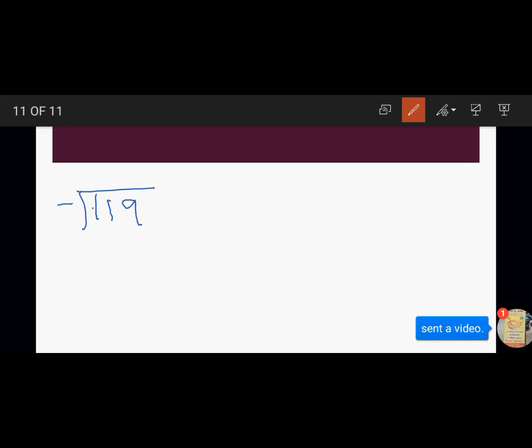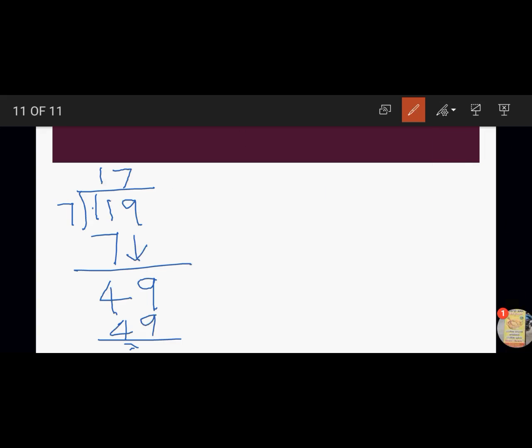When you divide this number by 7, we have 7 one time is 7. Remaining is 4. You can bring down 9. And you also know 7 times 7 gives us 49. So we have a balance of 0. So the remainder becomes 0.